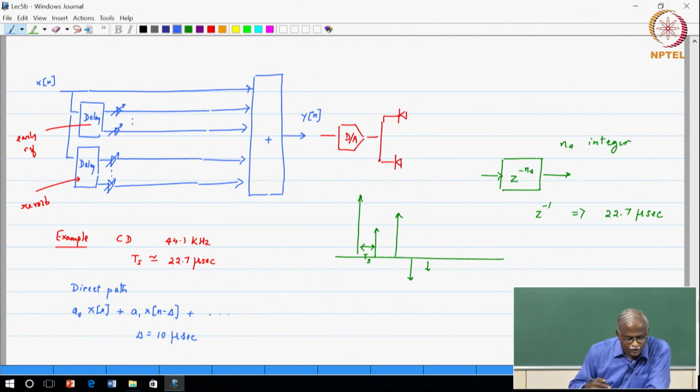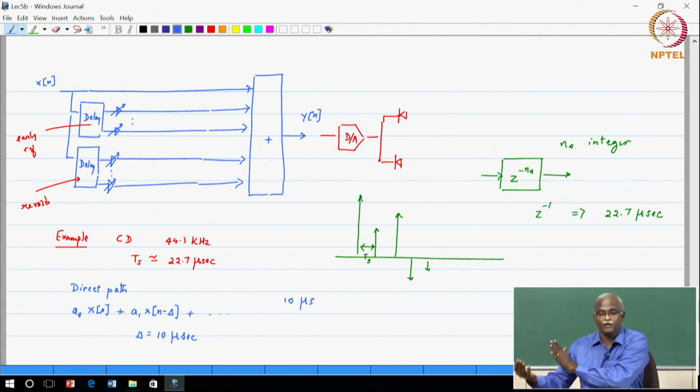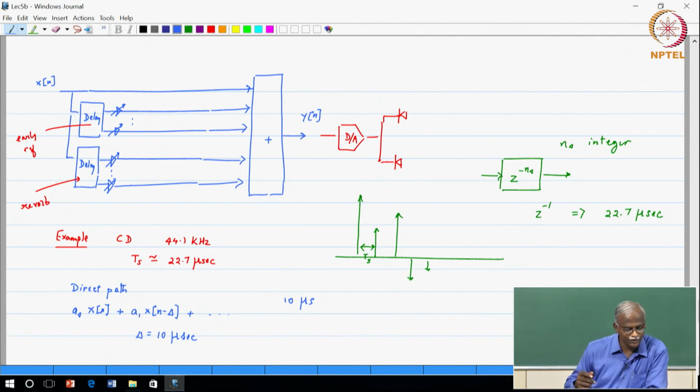So you can say, well, too bad: if you want to get 10 microseconds, the total is 22.7 microseconds. You can either choose not to delay it or delay it by 1 unit, which will move it to 22.7 microseconds. Both of those are not acceptable.